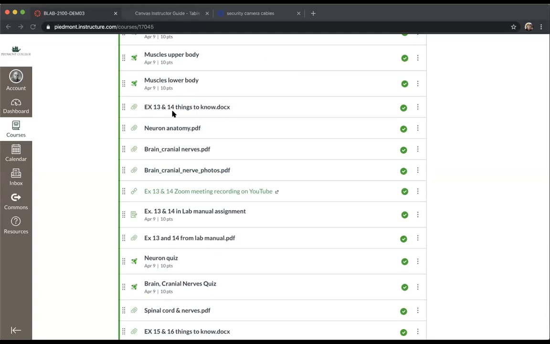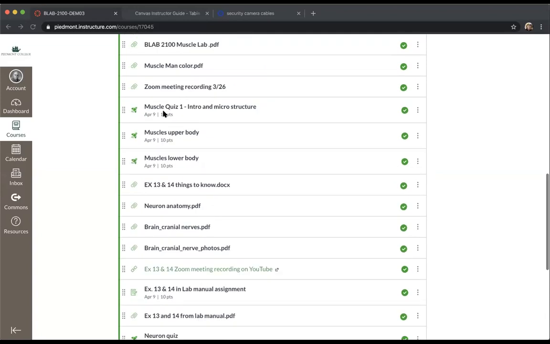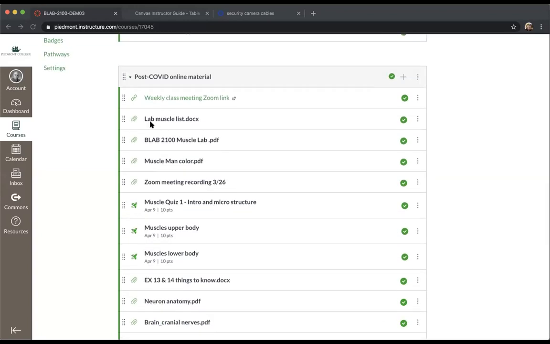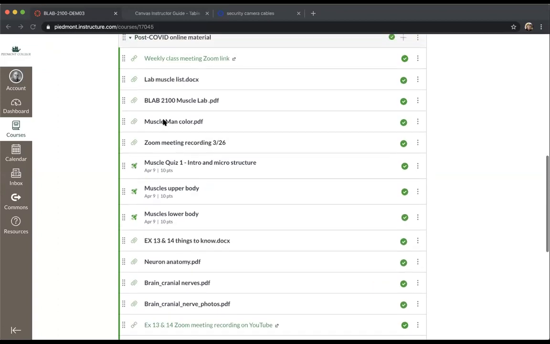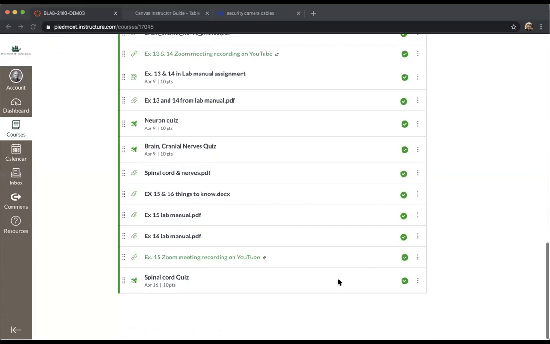So when I'm making this practical, I'm looking at those two, as well as the lab muscle list, the list of muscles. Basically, I'm using the diagrams that I've already made up for the quizzes. So if you review those well, and did well in the quizzes, or go over the quizzes, I feel like you should be pretty well set for the practical next week.